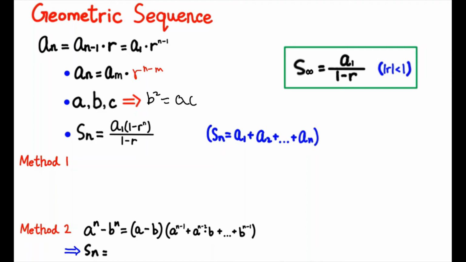Sn in geometric sequences is equal to a1 times 1 minus r to the n power divided by 1 minus r.